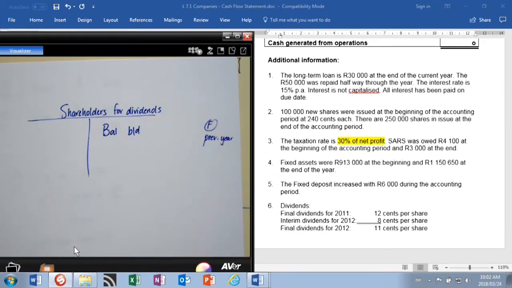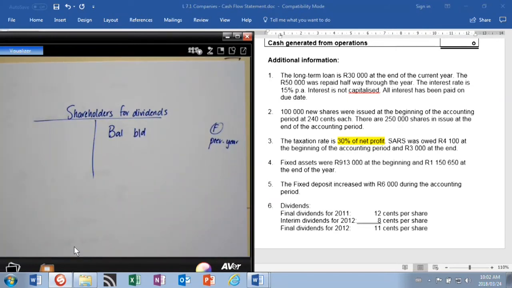Remember, we have 250,000 at the end of the year, so it was minus the 100,000, so it was 150,000 at the beginning of the year.